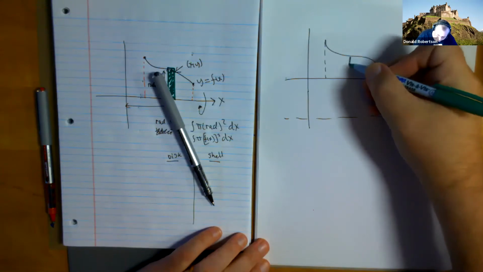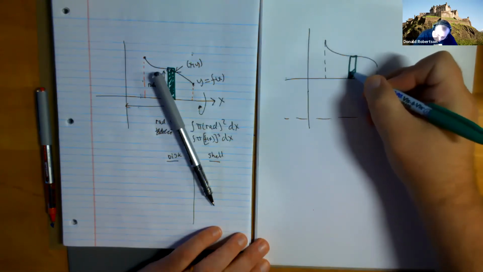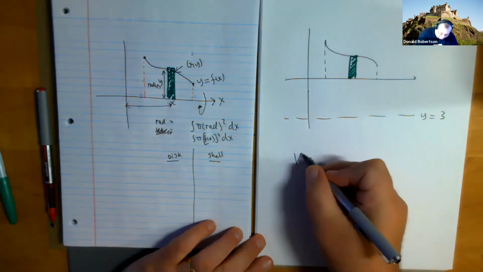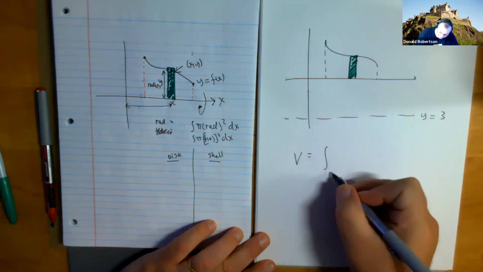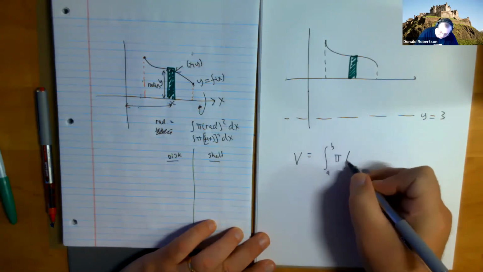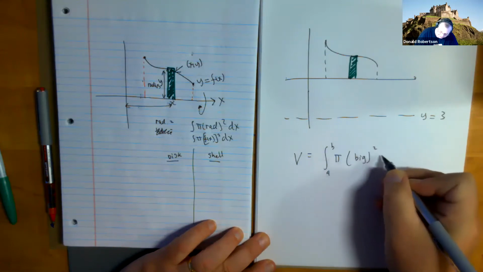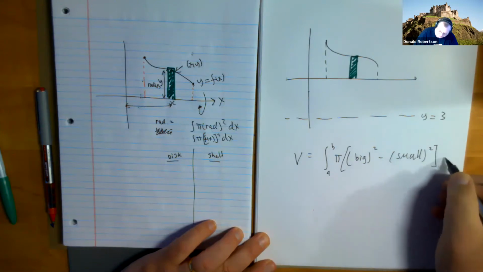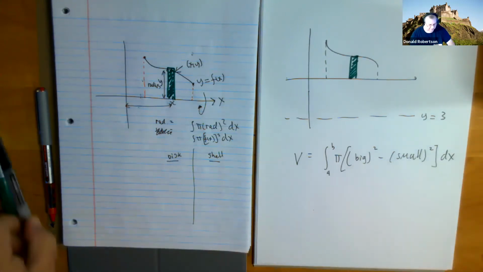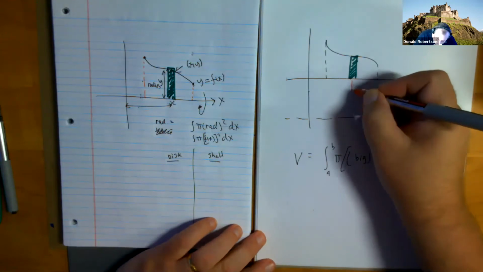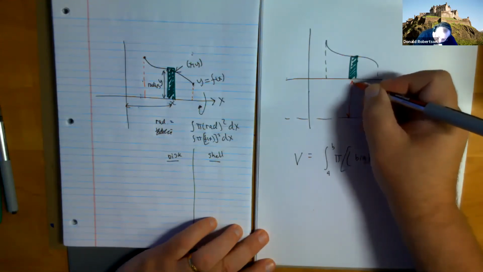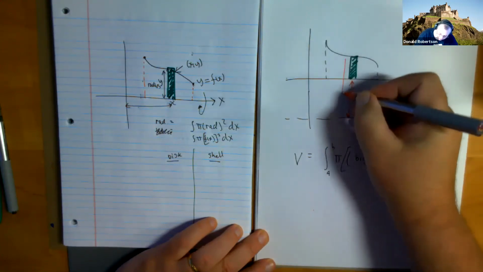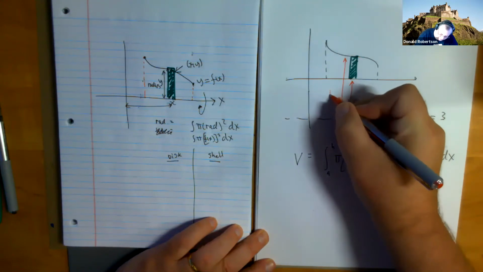We have the same rectangle, but the formula for the volume is now going to be what we call pi big radius squared take away small radius squared. In this case, that distance from there to there is the small radius. And this distance from here to here is going to be the big radius.